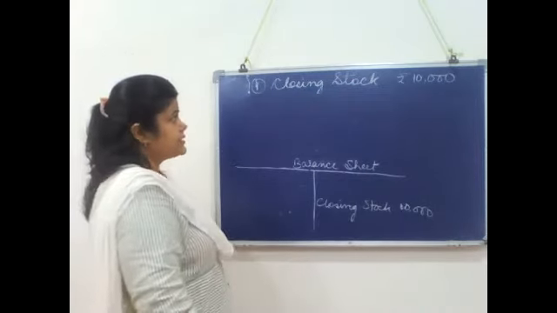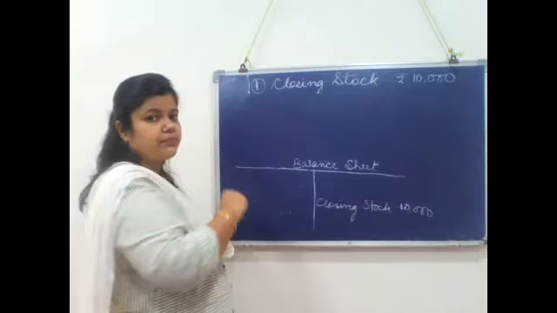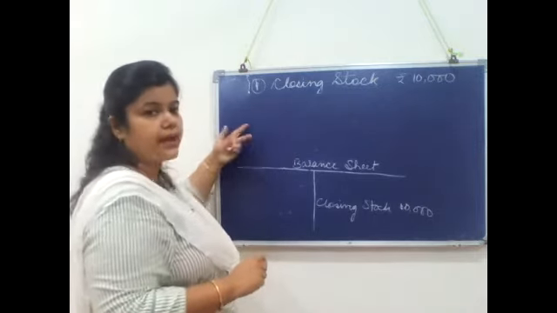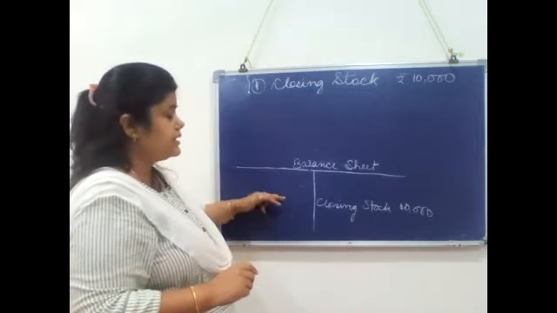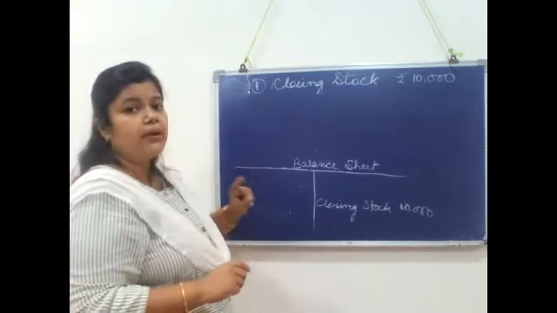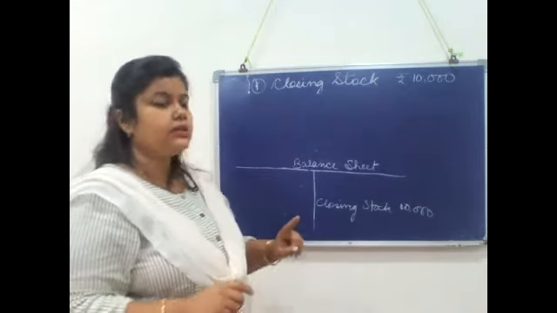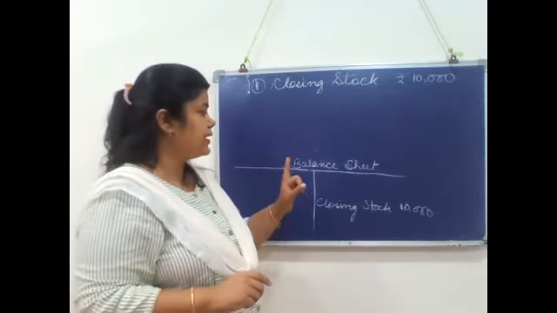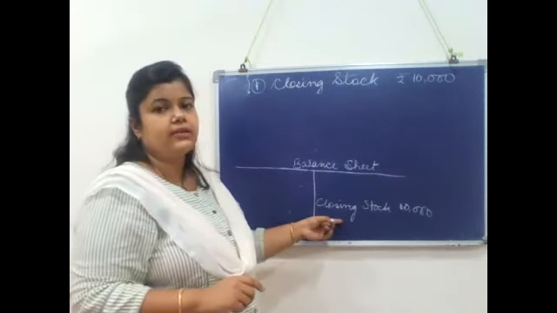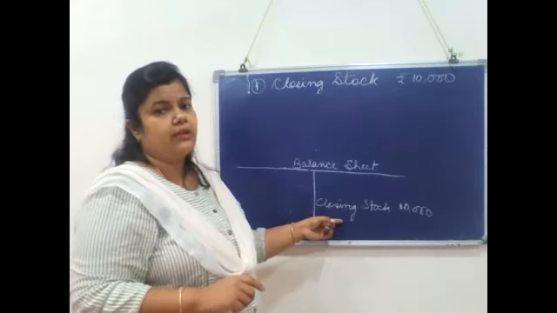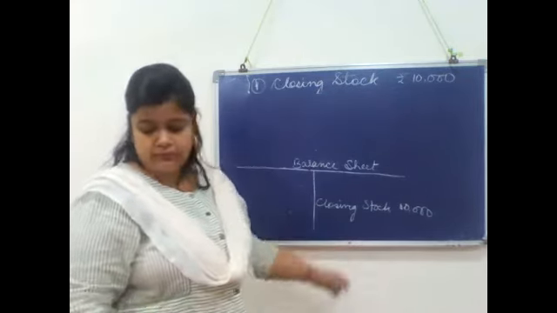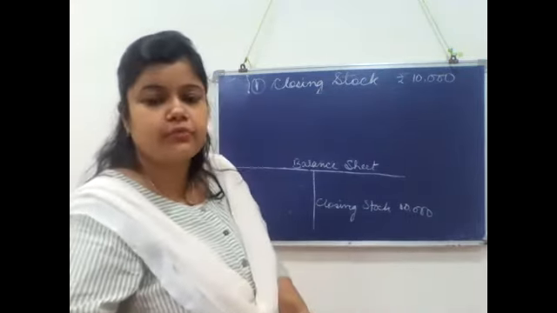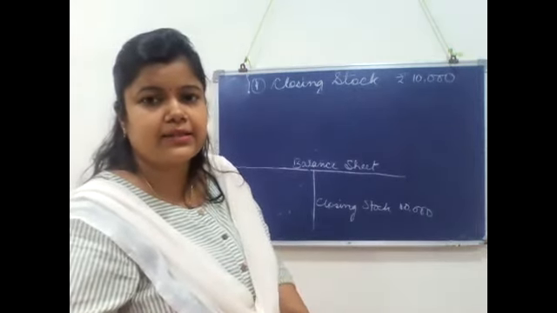So I want to revise again. If closing stock appears in adjustment, there will be two impacts: credit side of trading account and asset side of balance sheet. But if it appears in the trial balance, then only one impact, that is the asset side of balance sheet. Let us come to the next adjustment.